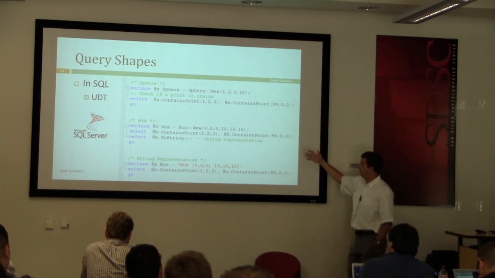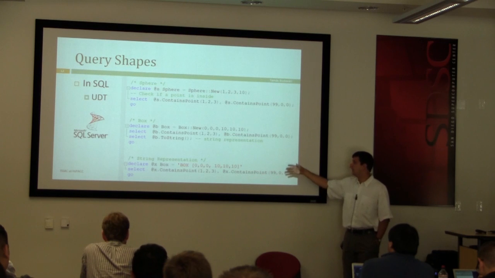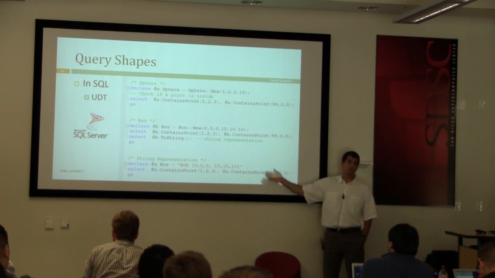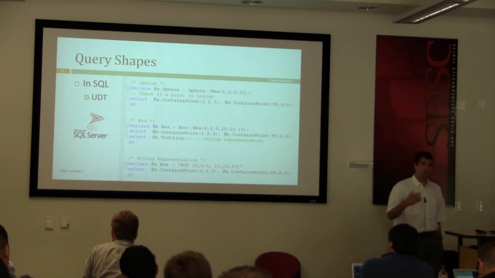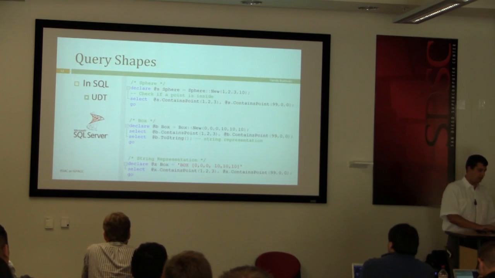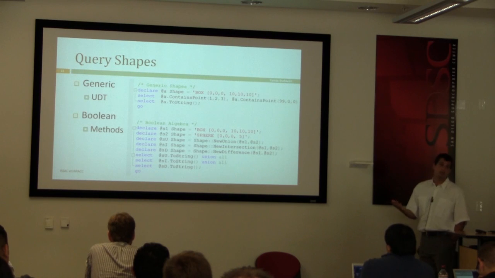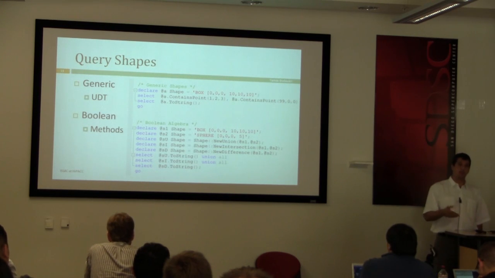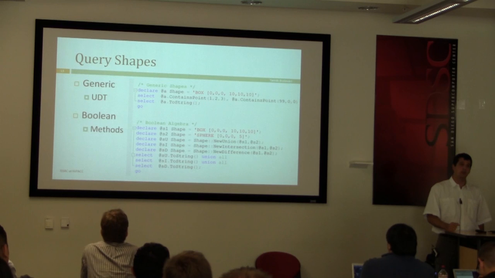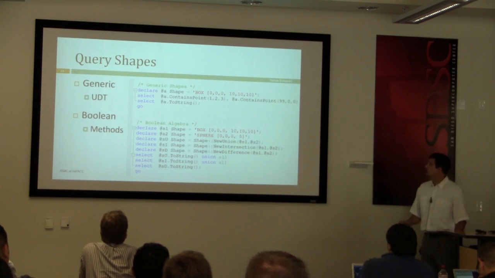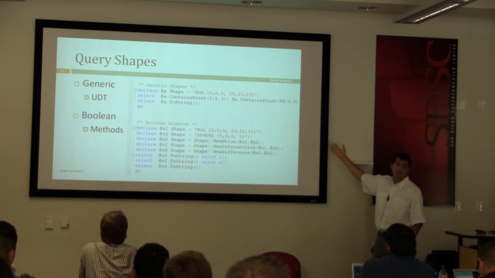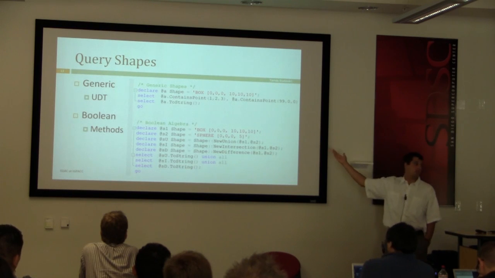You can have a box created from just a string representation. These are very powerful things that you can just do in SQL, it happens automatically, and you can use them. So then you can also have generic shapes that generalize and abstract the different kinds of shapes from you. And the simplest way to create those is just through the string representations.